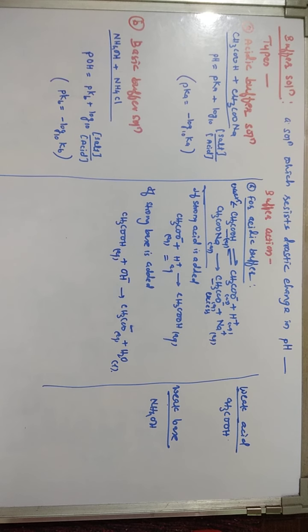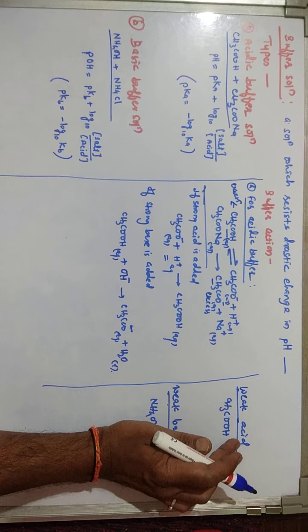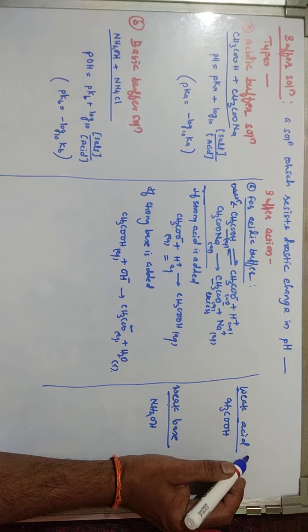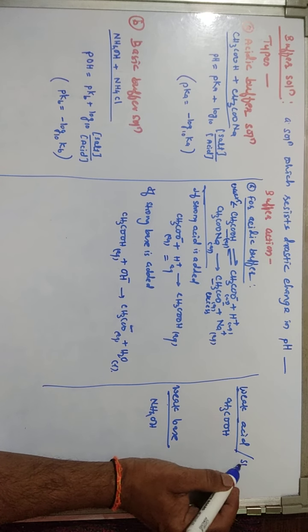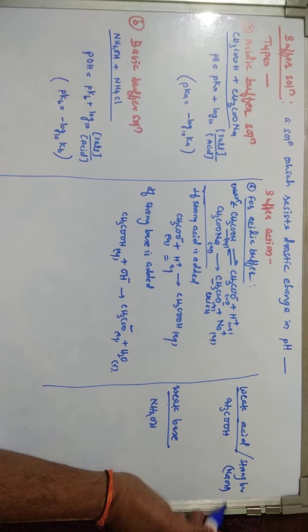Now we have also seen the types of salts: salt of strong acid and strong base, salt of strong acid and weak base, salt of weak acid and strong base, salt of weak acid and weak base. Suppose a weak acid and a strong base, NaOH, react.